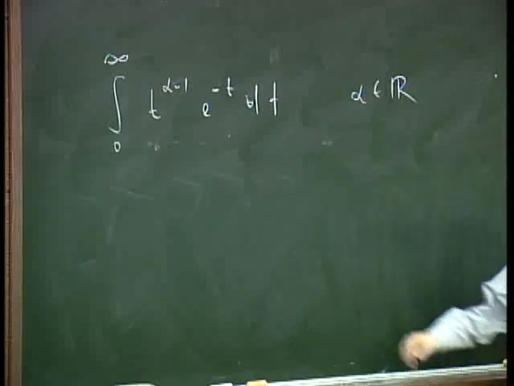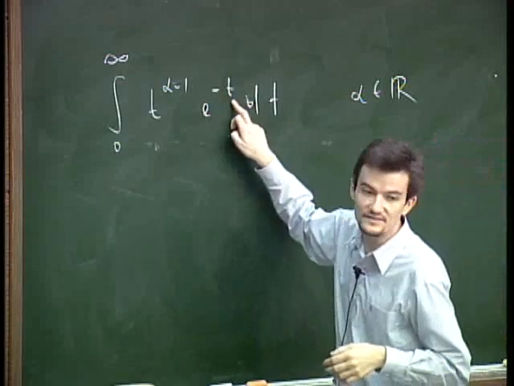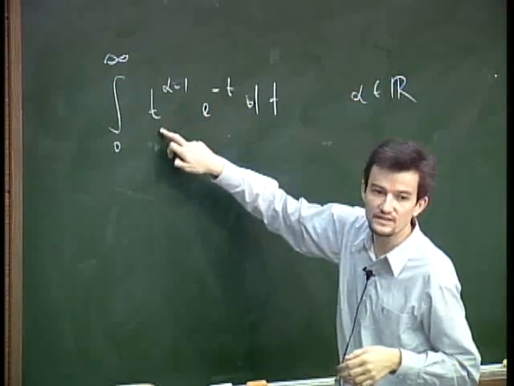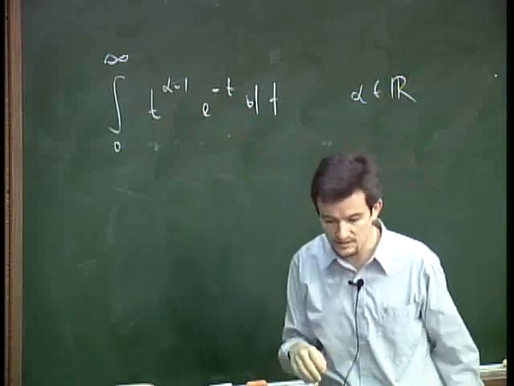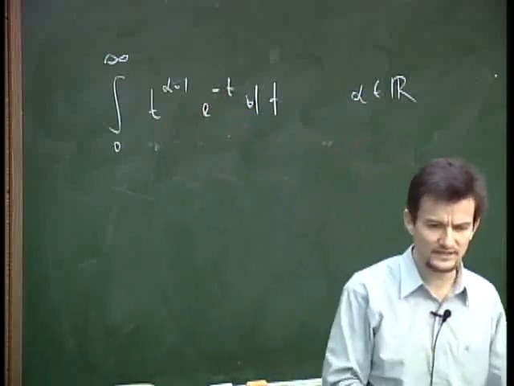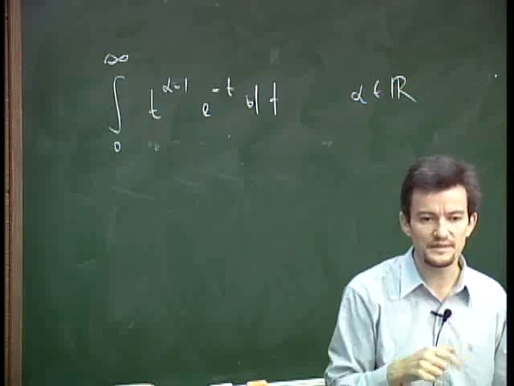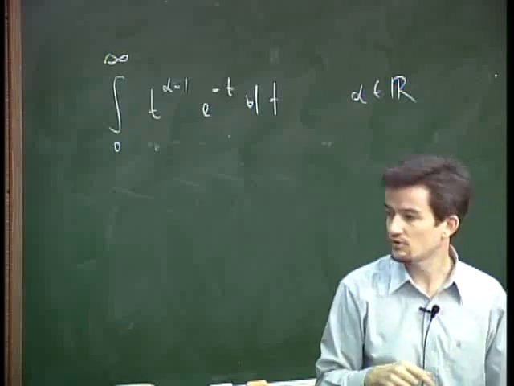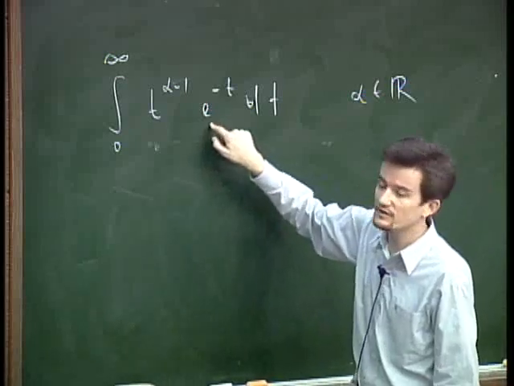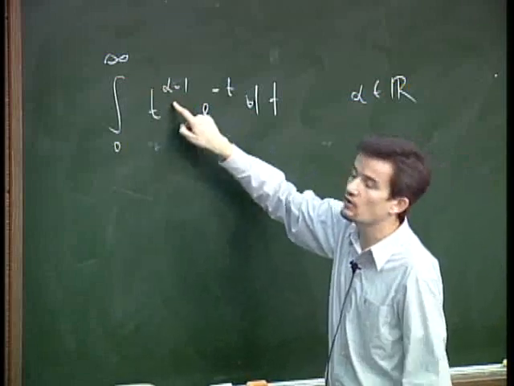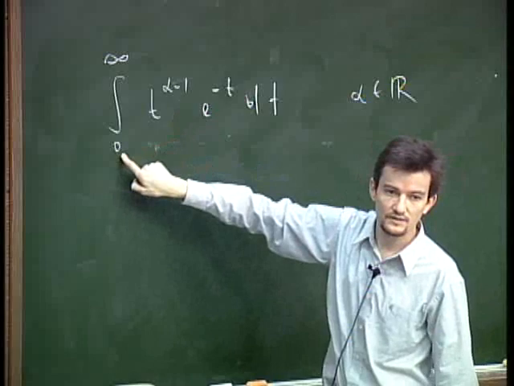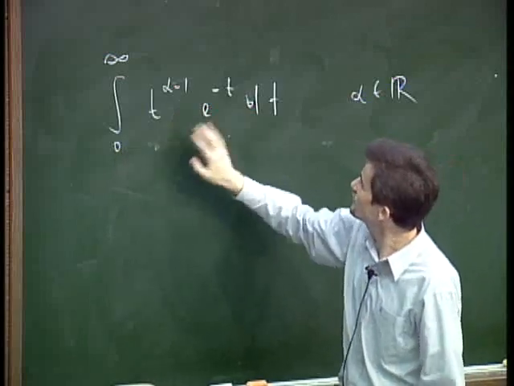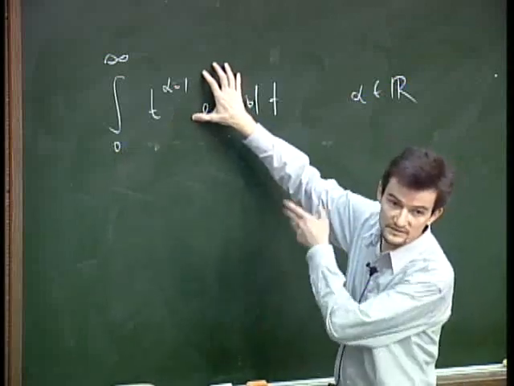Roughly speaking, because of this e to the minus t, if t tends to infinity, we know that e to the minus t tends to 0 more quickly than all functions 1 over t to the b. So because of this behavior, for infinity there shouldn't be any problem for all alpha, but there is certainly a problem at 0. If t is close to 0, you can look at this as 1.